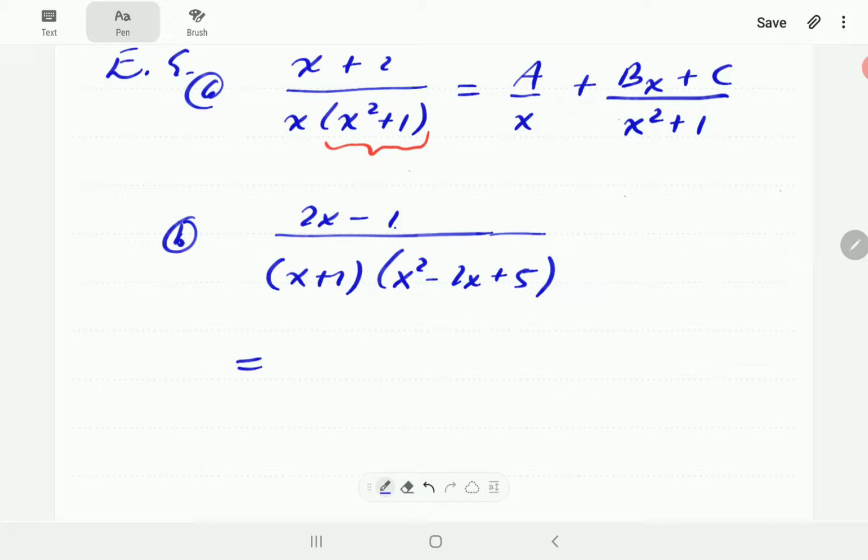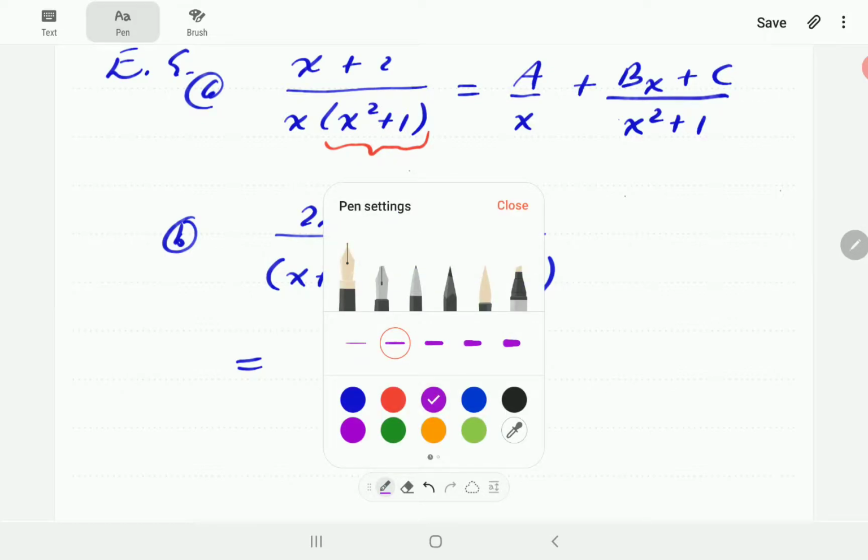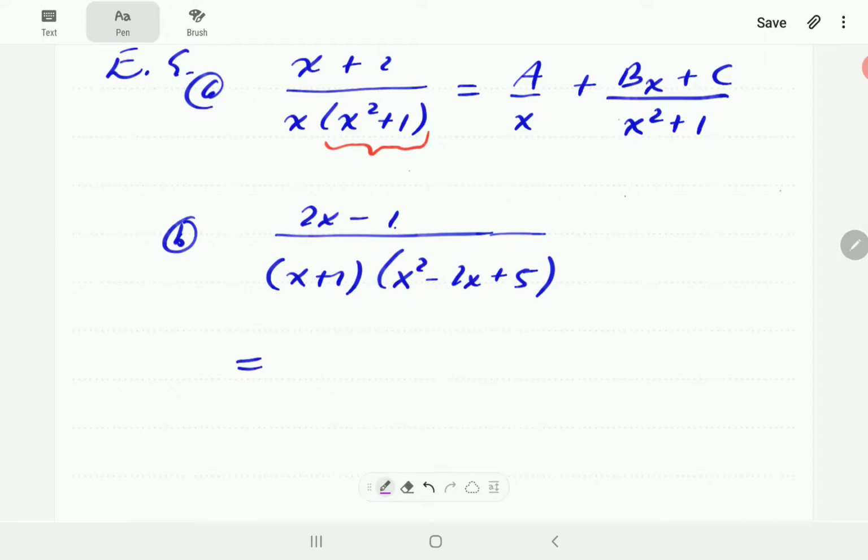So just quickly, to see whether this can be factorized, you need to find the discriminant. If the discriminant is not a perfect square, then this cannot be factorized. If it's negative, then it cannot be factorized. The discriminant, which is b squared minus 4ac, is going to be negative 2 squared minus 4 times 1 times 5. So it's going to be 4 minus 20, which is negative 16.